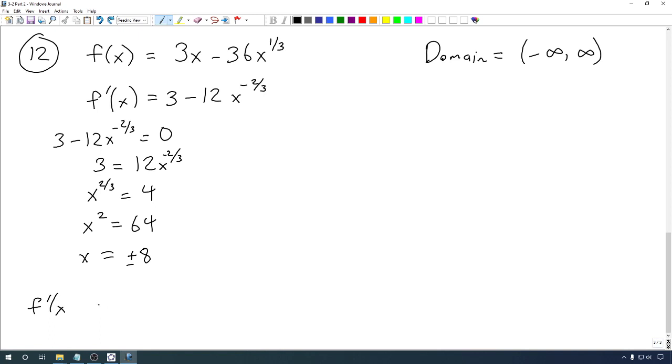So f prime of 0 does not exist. That means that 0 is going to be a critical point as well. But note here, it's only a critical point because 0 is in the domain. We are allowed to put 0 into the function, just not the derivative. This is a critical point and not a discontinuity.